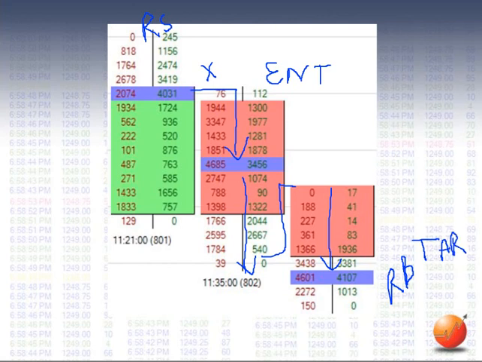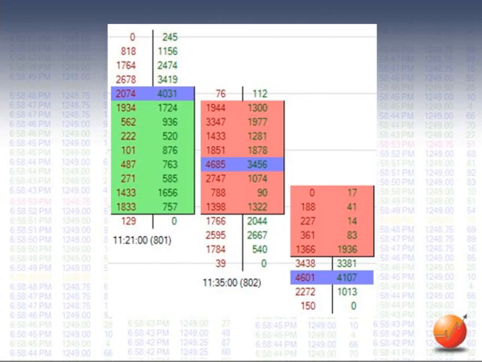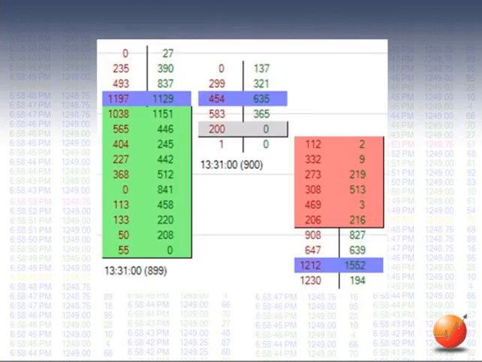Could say entry and target. Buyers drive the market higher.